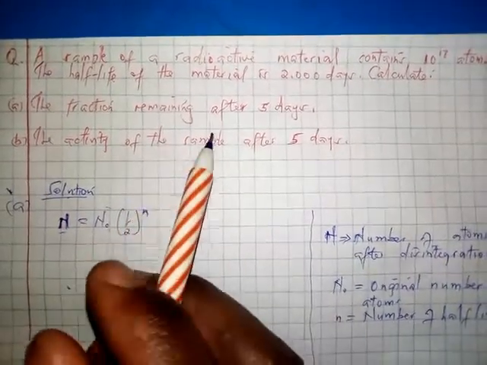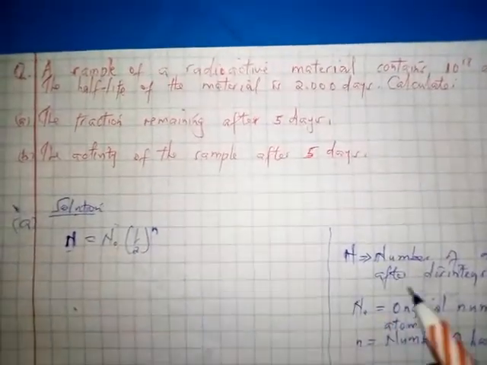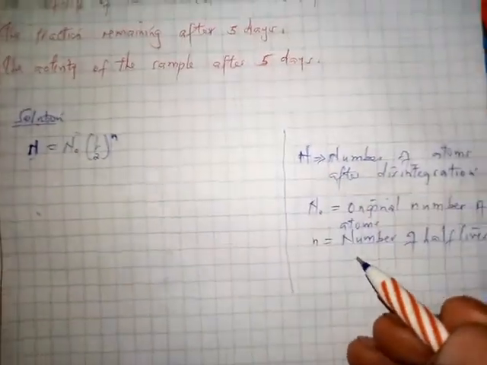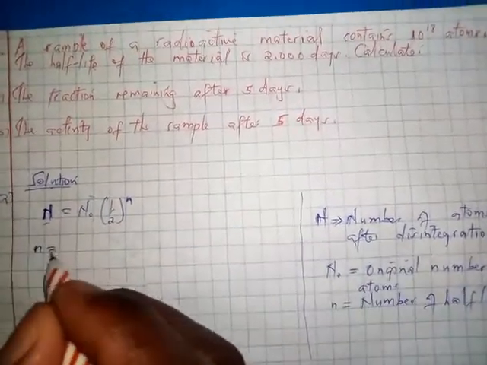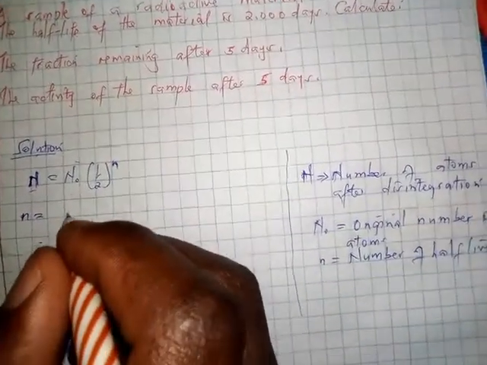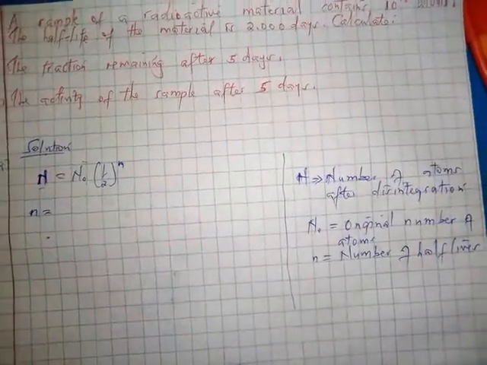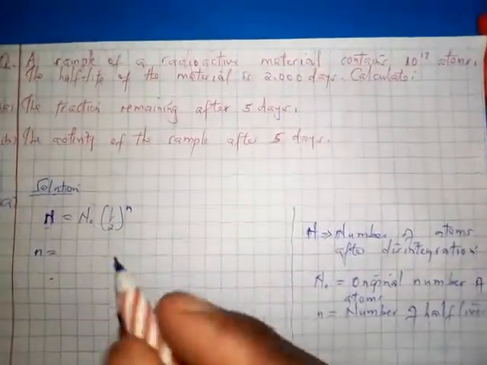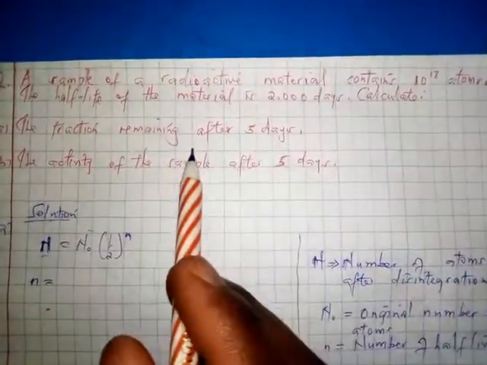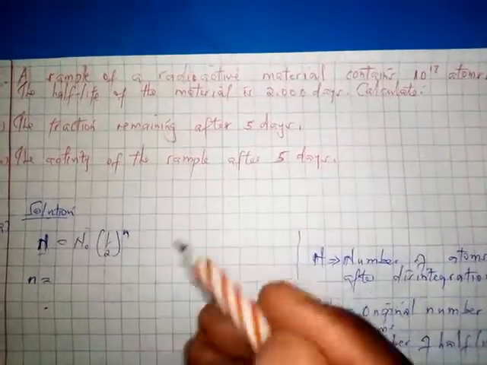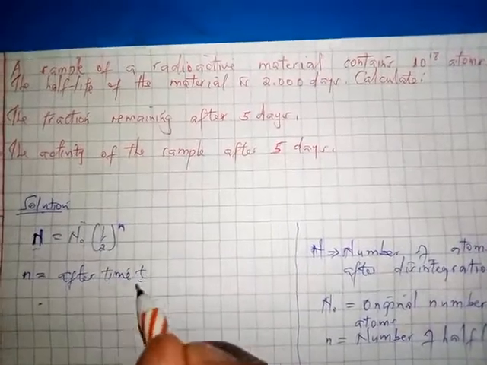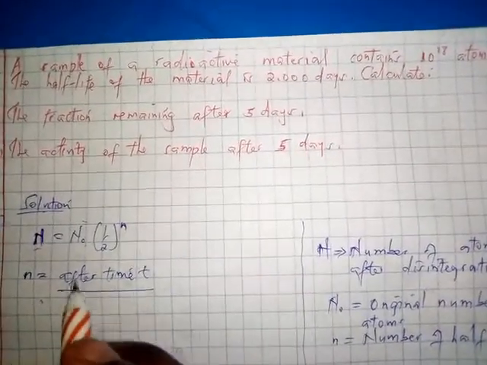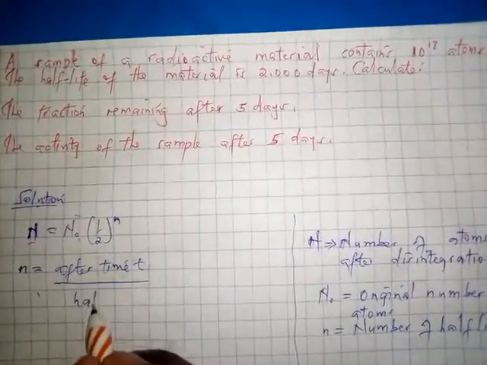This small n, the number of half-lives, is given by the time period, in this case 5 days, so t over the half-life.